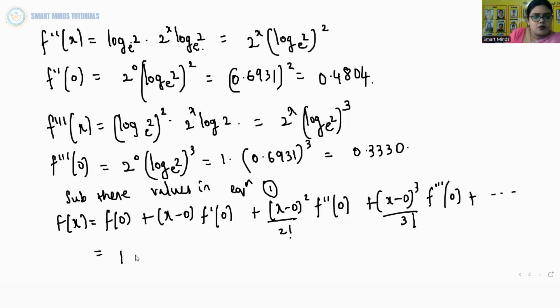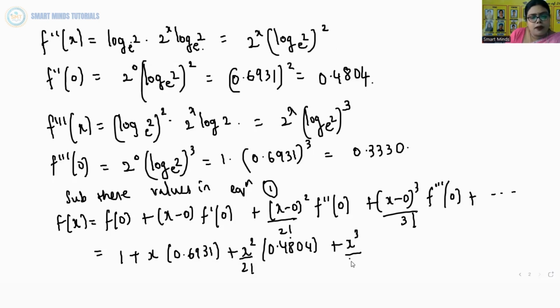F of 0 is 1 plus x minus 0 is x. F dash of 0 is 0.6931 plus this is x square by 2 factorial. F double dash of 0 is 0.4804. Then here you get x cube by 3 factorial. F triple dash of 0 is 0.3330 plus so on.